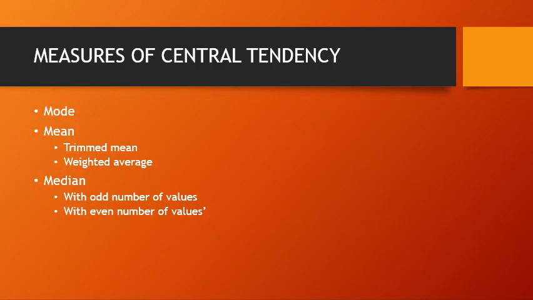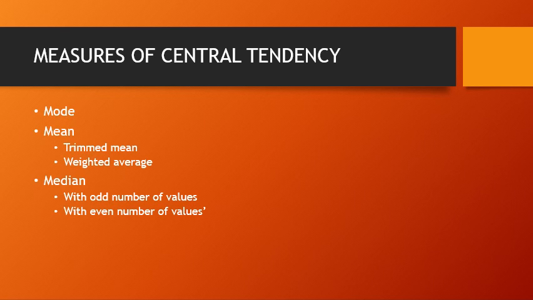So the measures of central tendency, the main ones, right? Mode, mean, and median. The mean is pretty much the average. I think we already know that, okay?